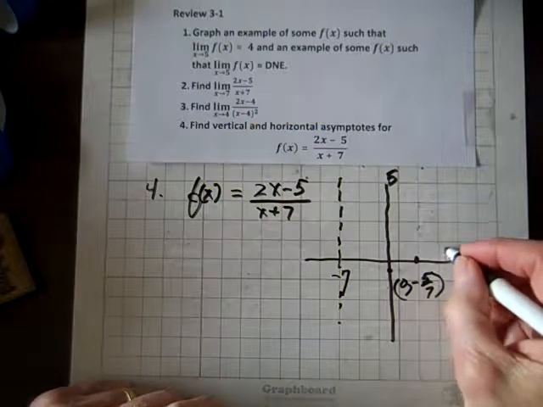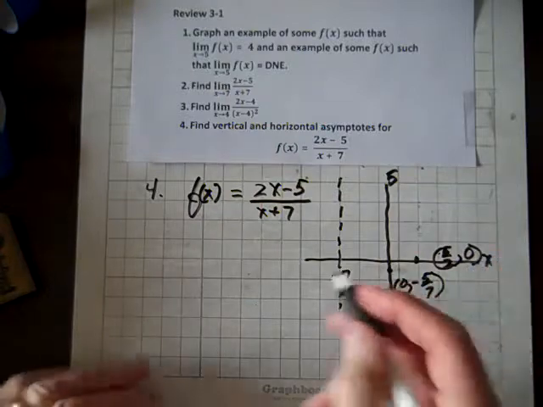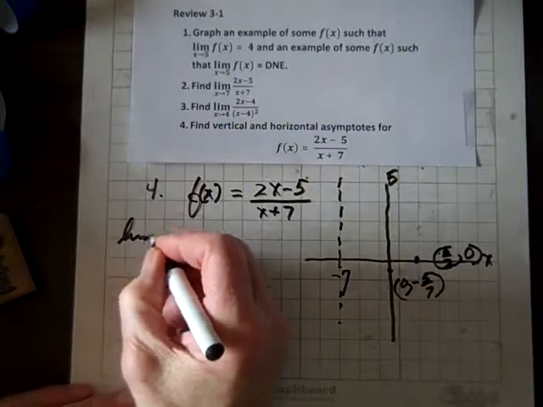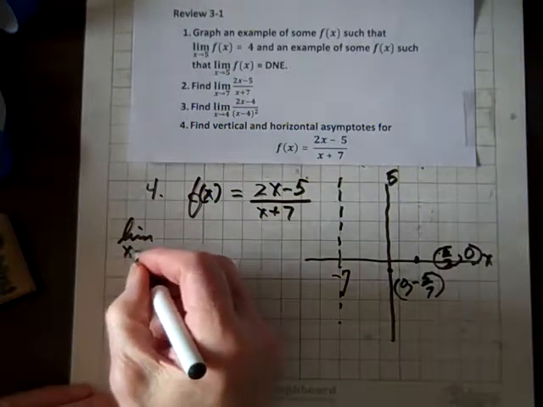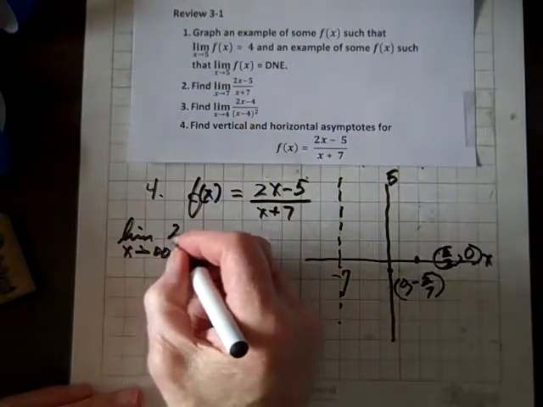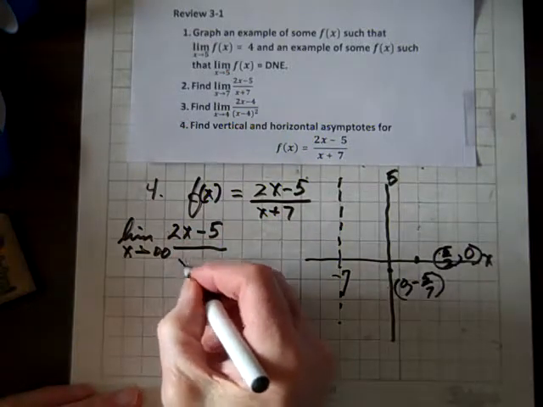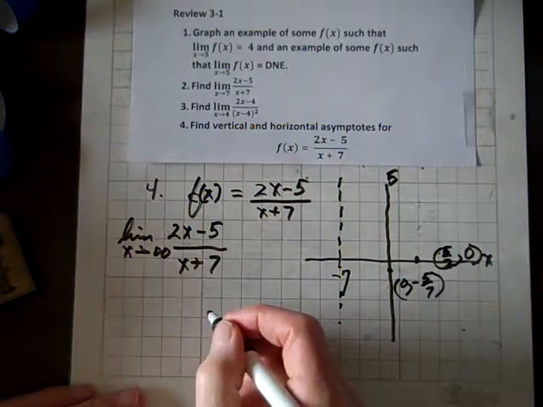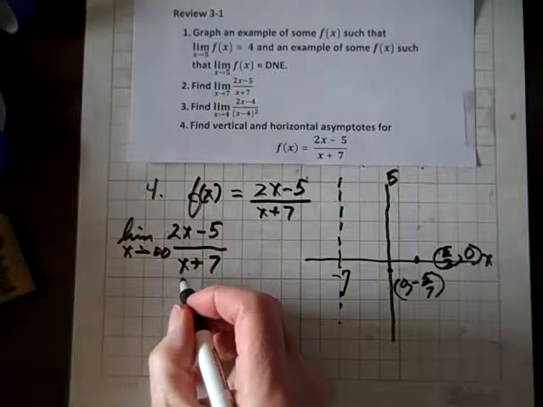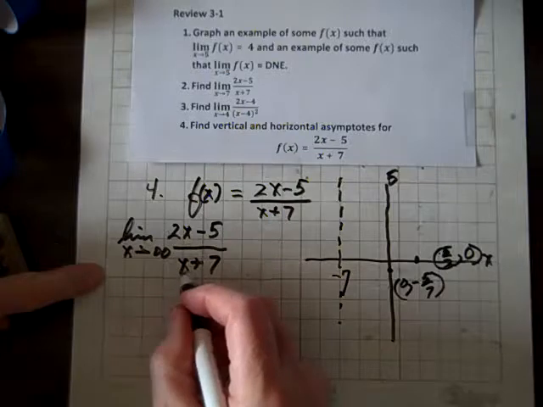So 5/2, 0. Now we have to find the horizontal asymptote. So we're going to look at the limit as x goes to infinity of (2x minus 5) over (x plus 7). The degree of the denominator is 1, so that's x to the first.